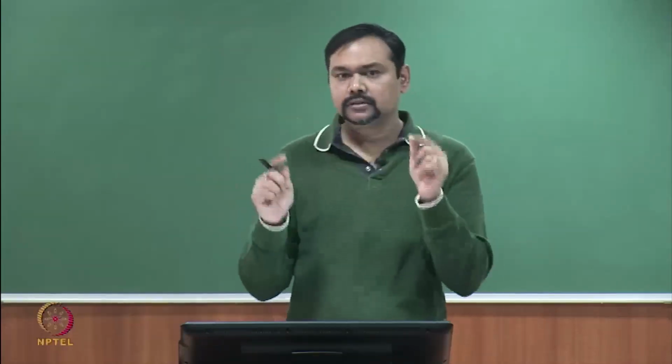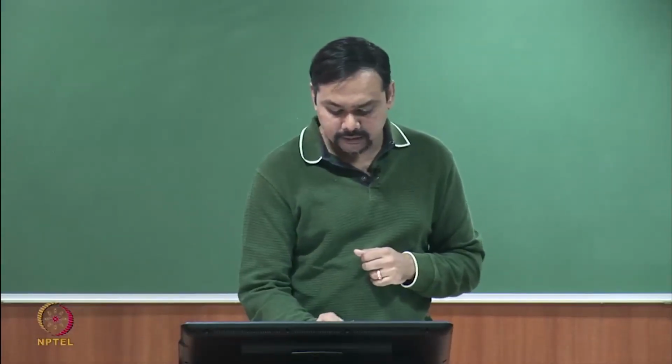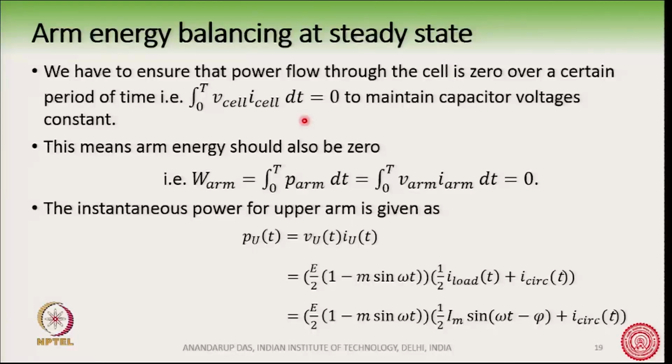voltage over this time period t will be 0, and this is mathematically written like this: integral of V cell into I cell into dt is equal to 0. Okay. The net energy from the cell is taken to be 0.